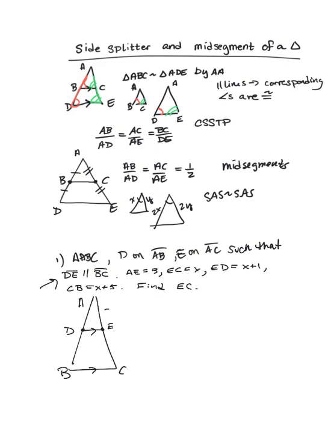So AE is 3, EC is x, ED is x plus 1, CB is x plus 5. Now, I suggest you draw these two triangles out.